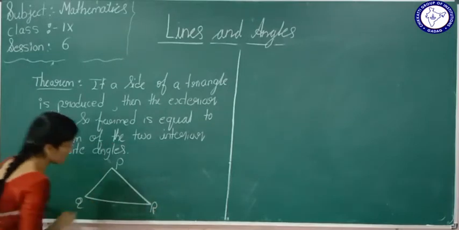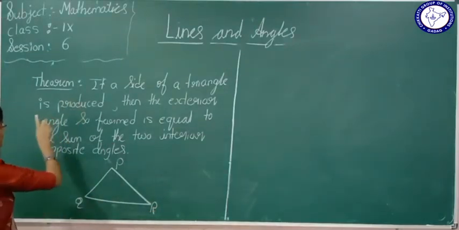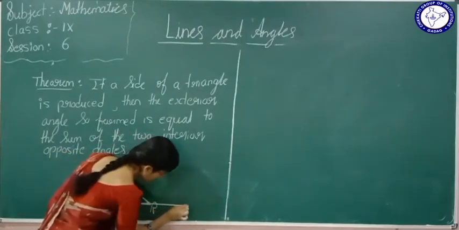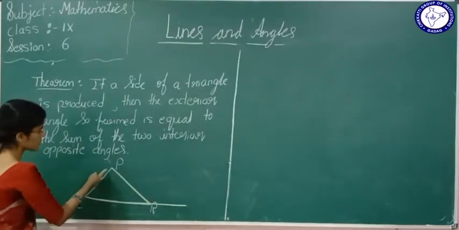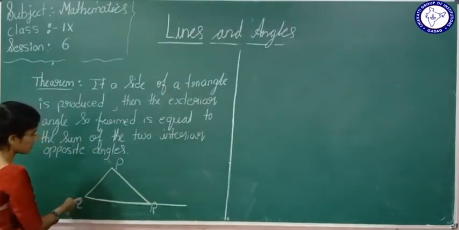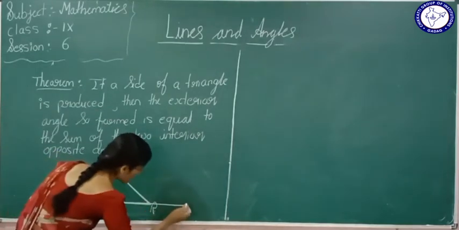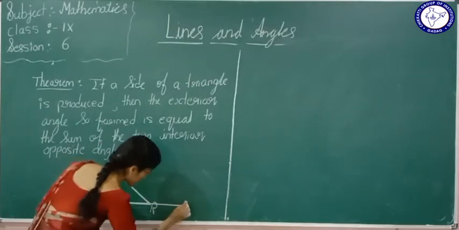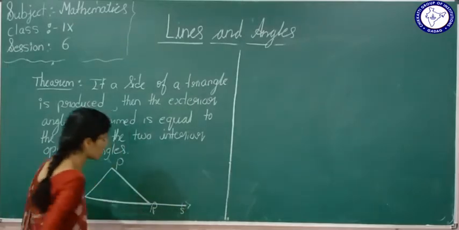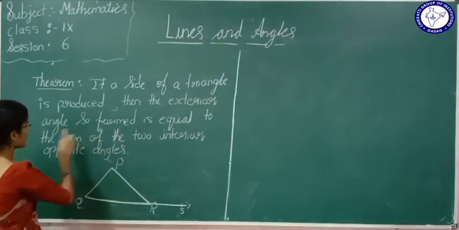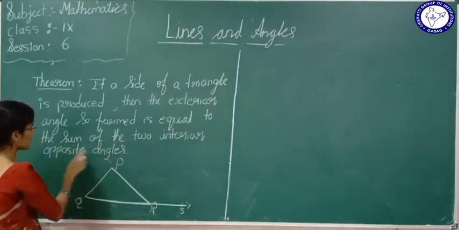If a side of a triangle is produced, we will produce the side QR and write here S. Then the exterior angle so formed is equal to the sum of the two interior opposite angles.